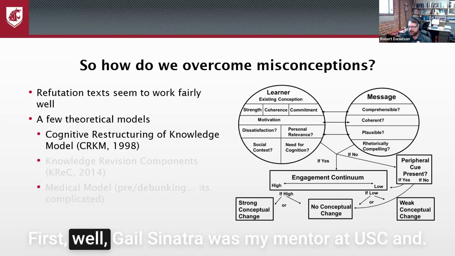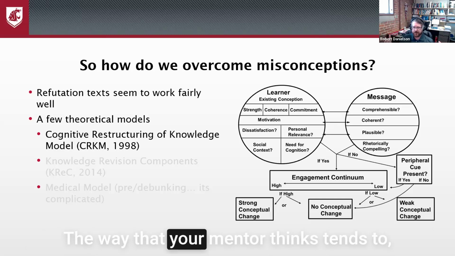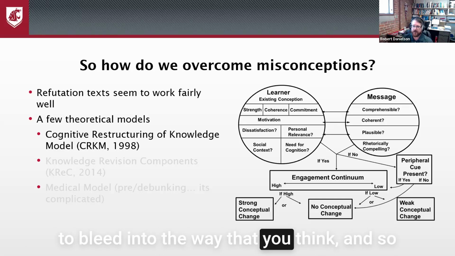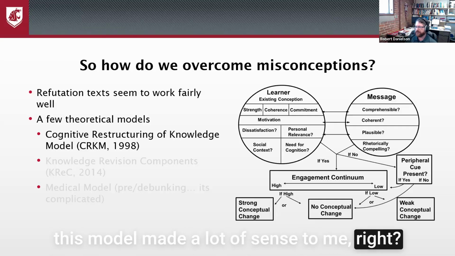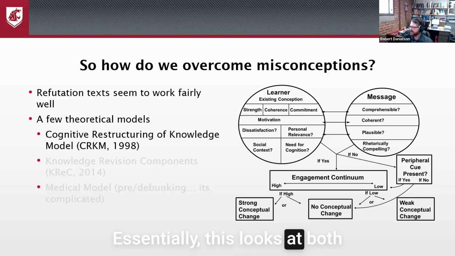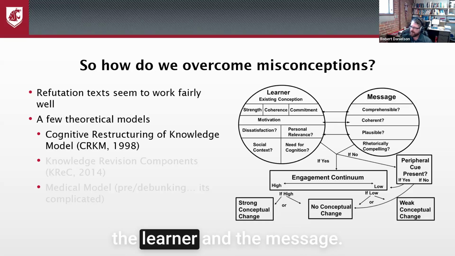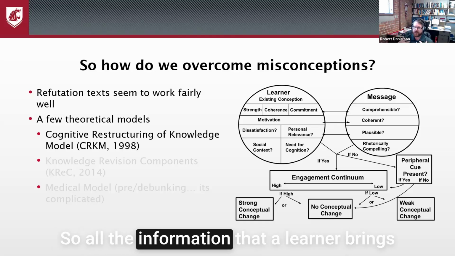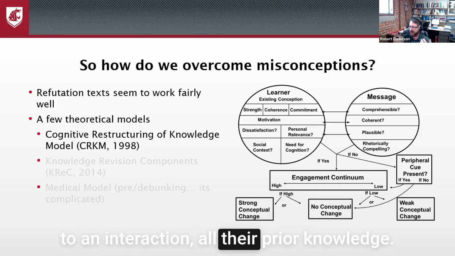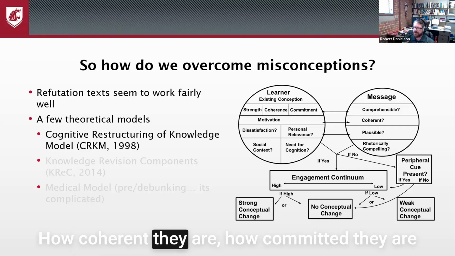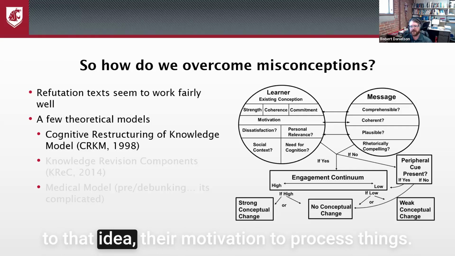First, well, Gail Sinatra was my mentor at USC, and the way that your mentor thinks tends to bleed into the way that you think. And so this model made a lot of sense to me, right? Essentially, this looks at both the learner and the message. So all the information that a learner brings to an interaction, all their prior knowledge, how coherent they are, how committed they are to that idea, their motivation to process things.